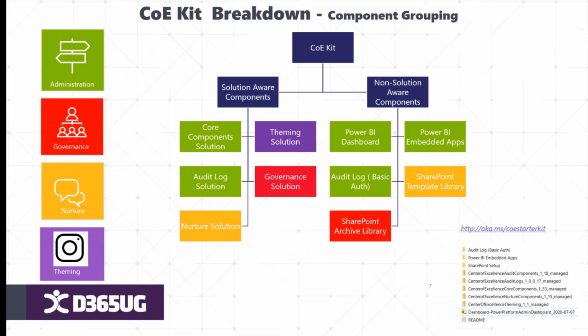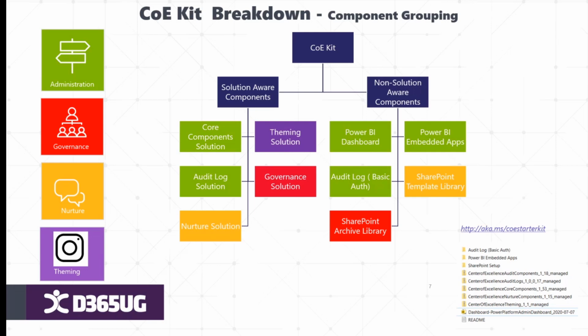As you can see, the ones in green are more on the administration side of things. So you get a core component. Another point, taking a step back, is you can divide the whole kit into 2 parts: solution aware components and non-solution aware components. So you've got managed solutions, but there are other non-solution aware bits that are also there to help you go through the configuration process, which we'll look at in detail as we go along.